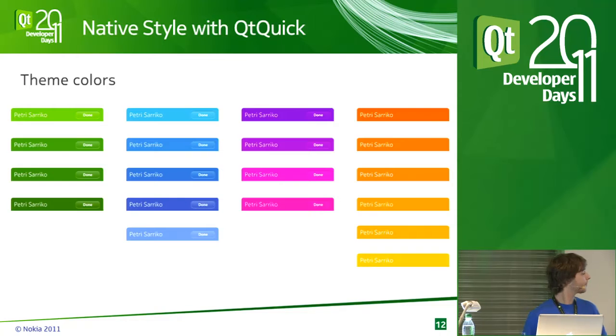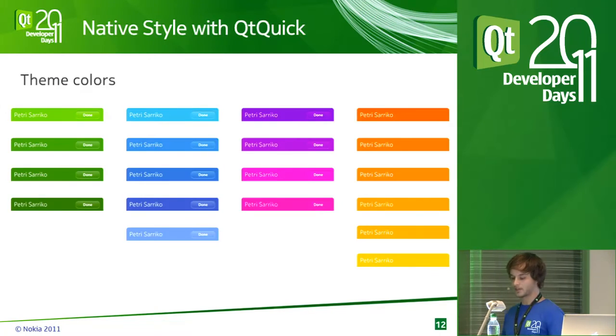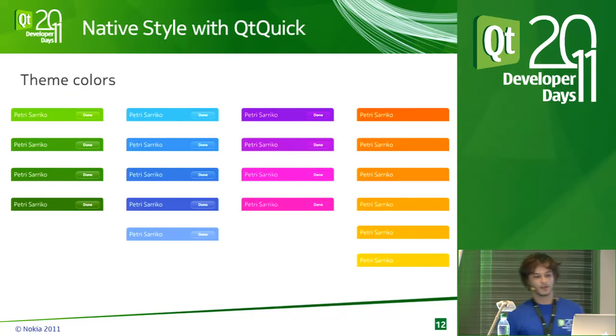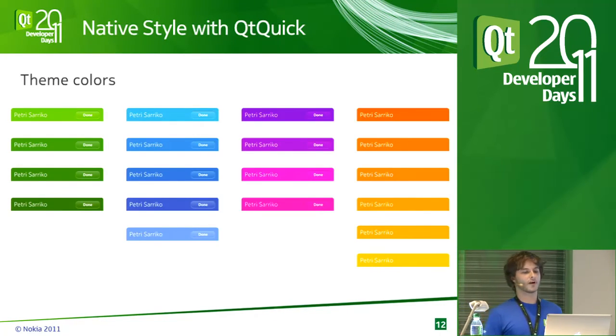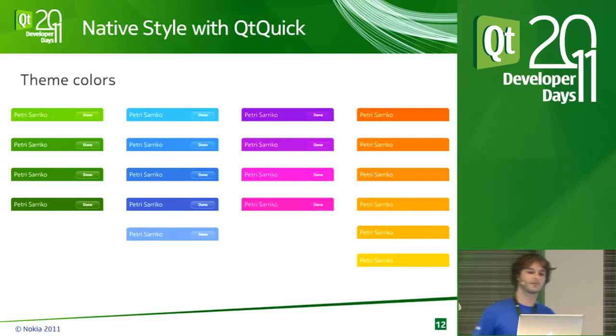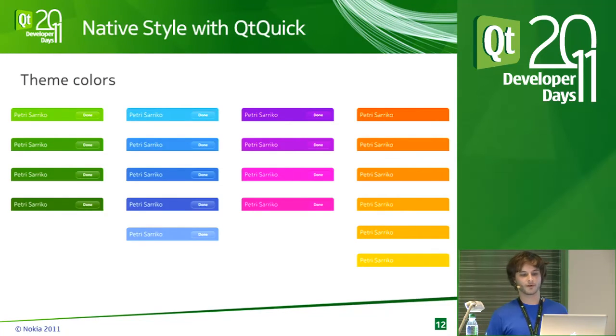Another thing you can do is change the theme colors. There are some guidelines for making apps for the N9 that are available online. If you look at them, you will see that the theme defines a set of predefined colors. You can see them here. That's what is called the accent color.